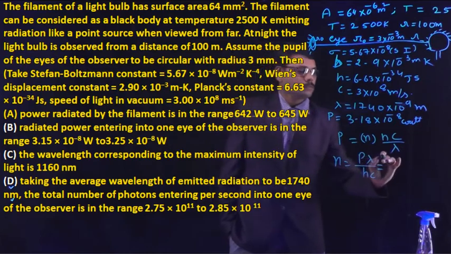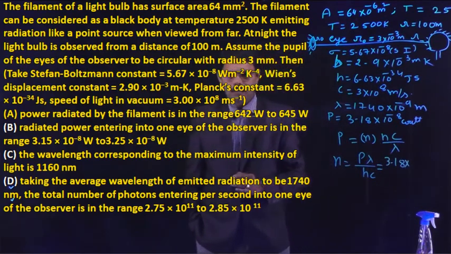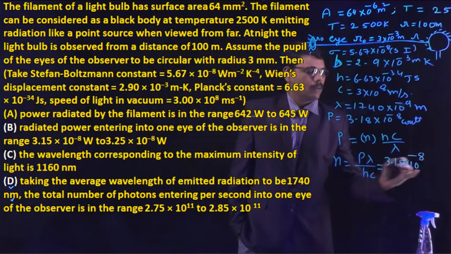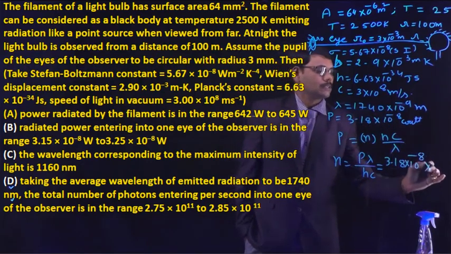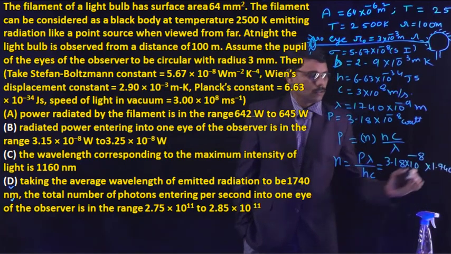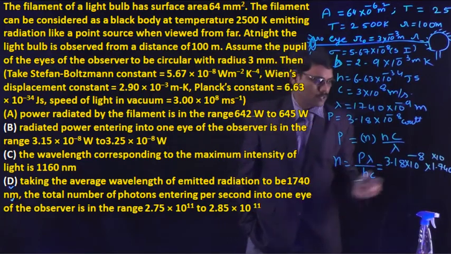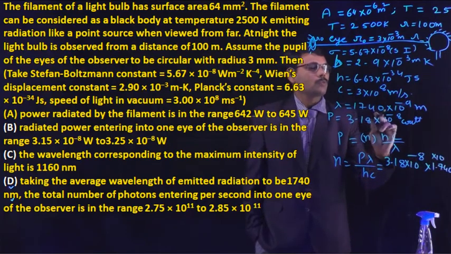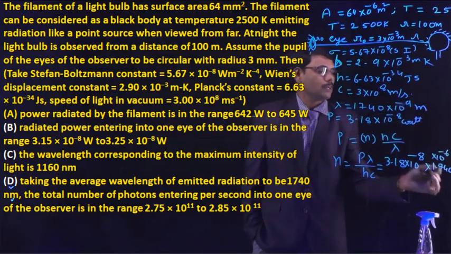P is 3.18 into 10 power minus 8 watts, and lambda is 1.740 into 10 power minus 6.